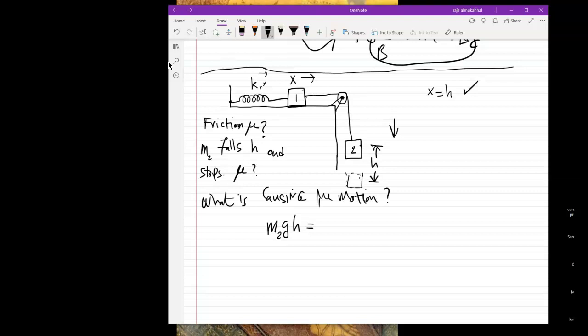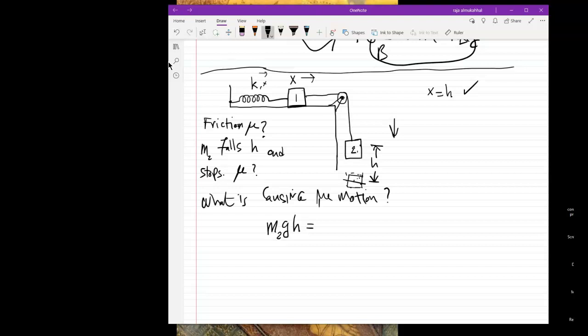The whole system stopped. So block 2 moves from here to here and stops. So what's going on here? What happened? Where is that energy? Well, energy has been lost through the potential and gained by the spring, and gained by what? Well, it gained by the friction force.